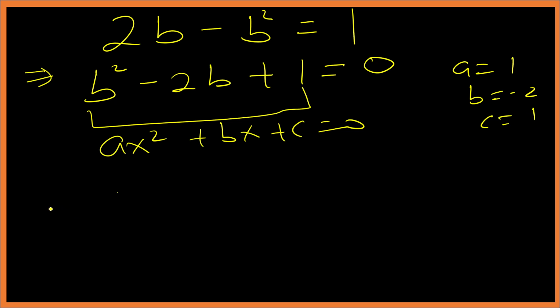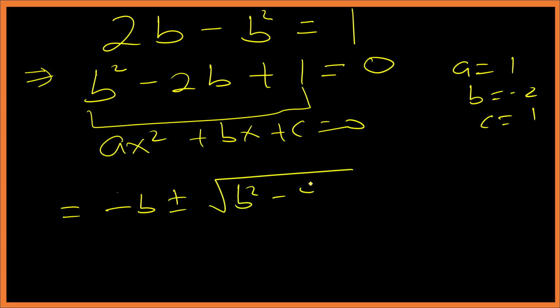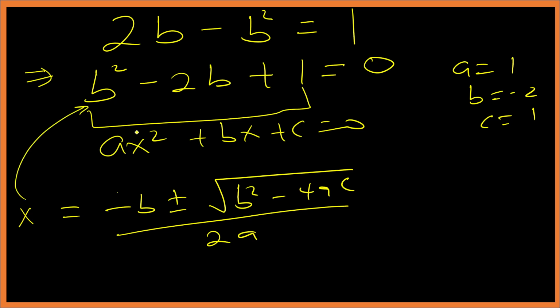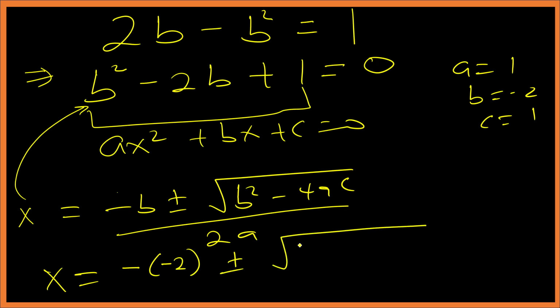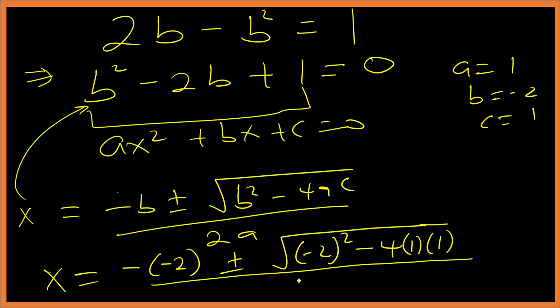So we have x equals minus b plus or minus the square root of b squared minus 4ac, all over 2a. So let's call this one x, whatever we get to be the value of b. Okay, so let's plug in. So minus minus 2, plus or minus the square root of minus 2 squared minus 4 times a times c, on 2 times 1.